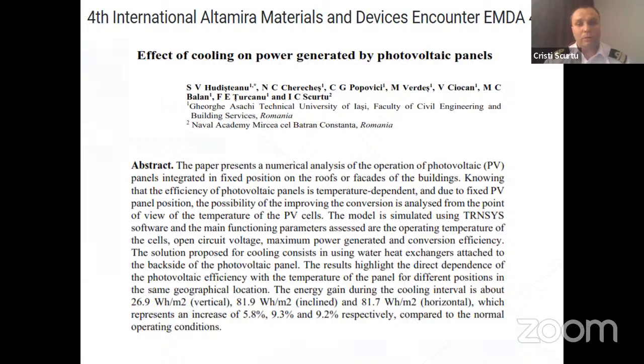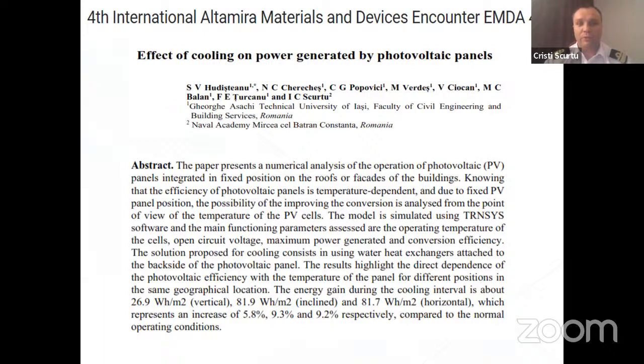This paper presents the operation of photovoltaic panels integrated in a fixed position on roofs or facades of buildings, because my colleagues are from the Technical University of Iași, and they work with buildings.